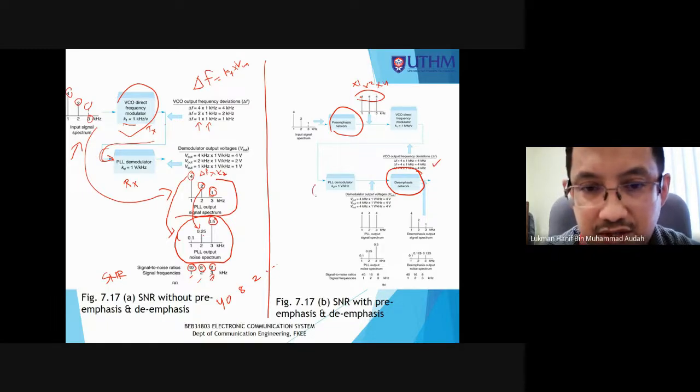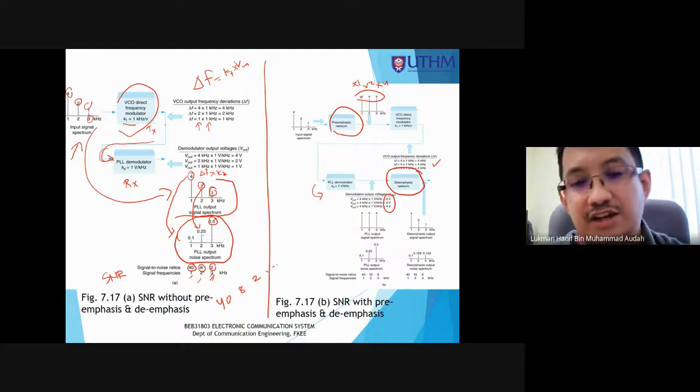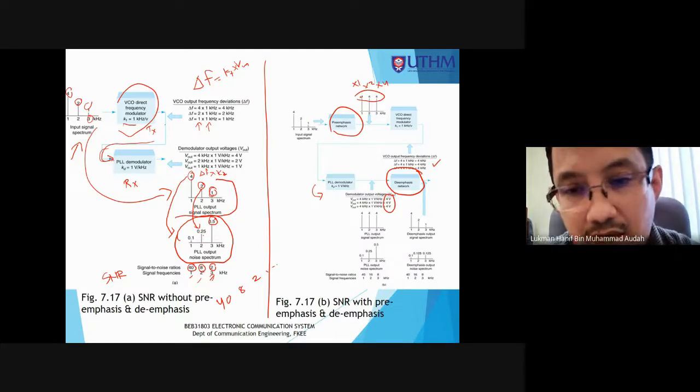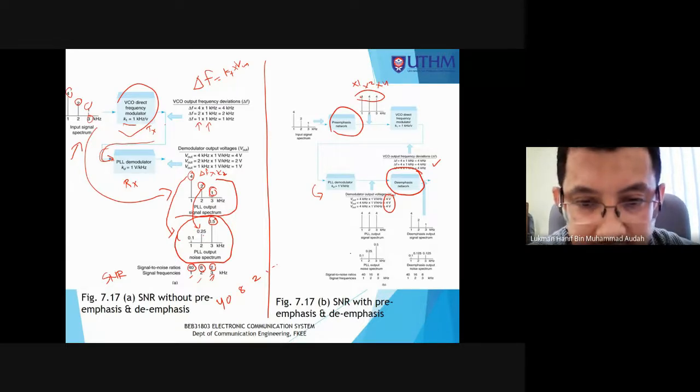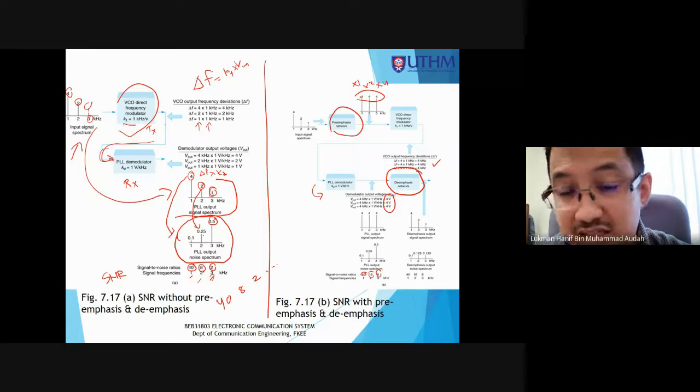Put inside the KD over here, and delta F multiplied with KD, so you get output of 4 volt at each frequency. And you see that the noise is given like this 0.1, 0.25, so you will get SNR 40, 16 and 8, which is better.